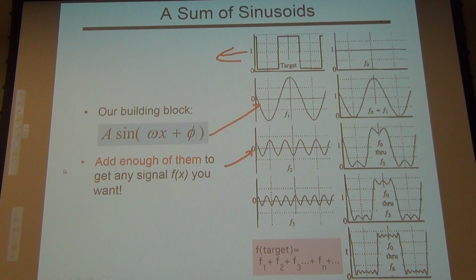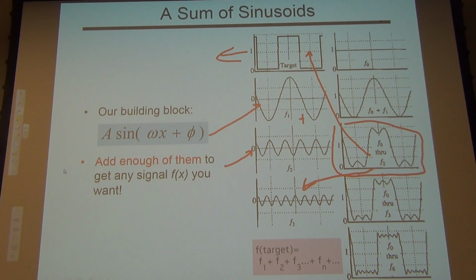It has a higher frequency. If you add this lower frequency sine wave and this higher frequency sine wave, you can have this signal. It's kind of like this one, but not exactly. We need to keep adding the sine waves to this signal.